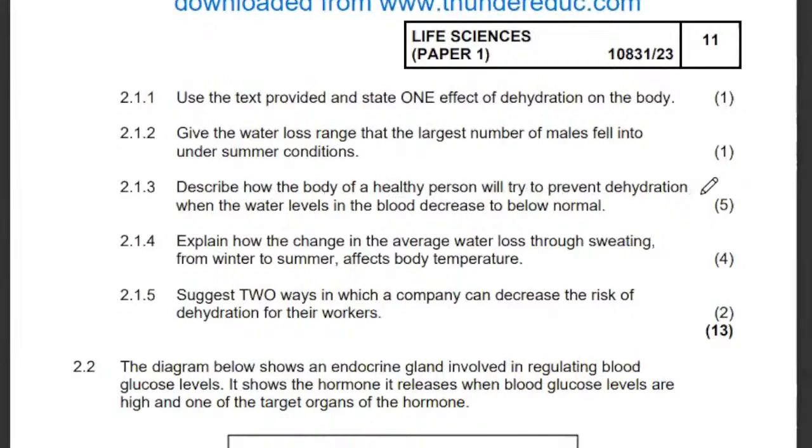The next question says: describe how the body of a healthy person will prevent dehydration if the water level in the blood decreases below normal. Meaning that now they have sweated a lot. So how are they going to prevent this loss of water?